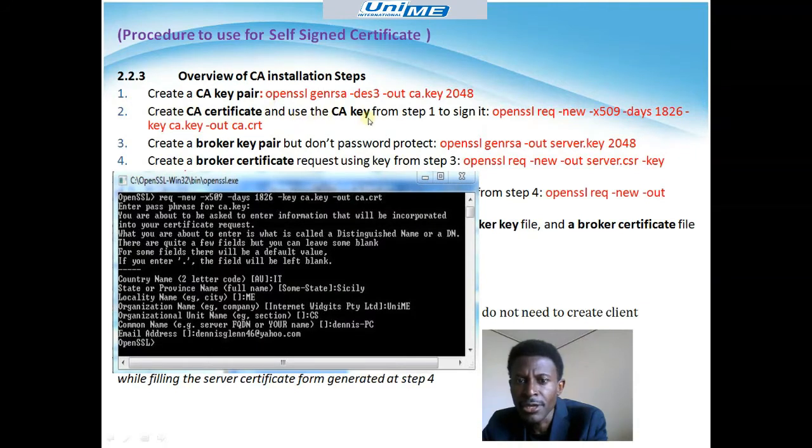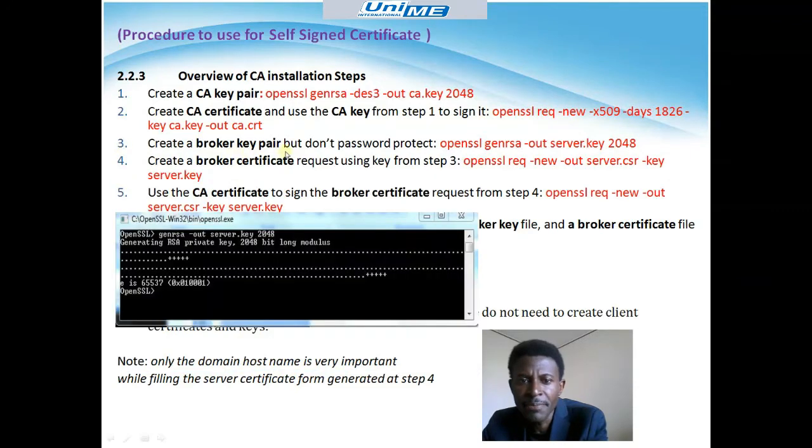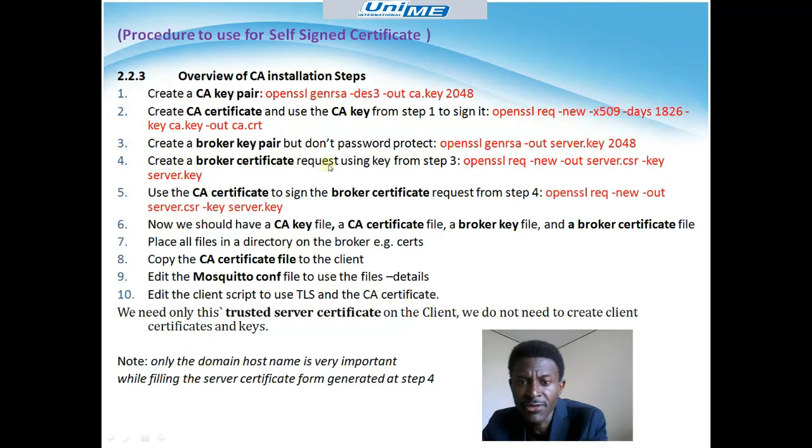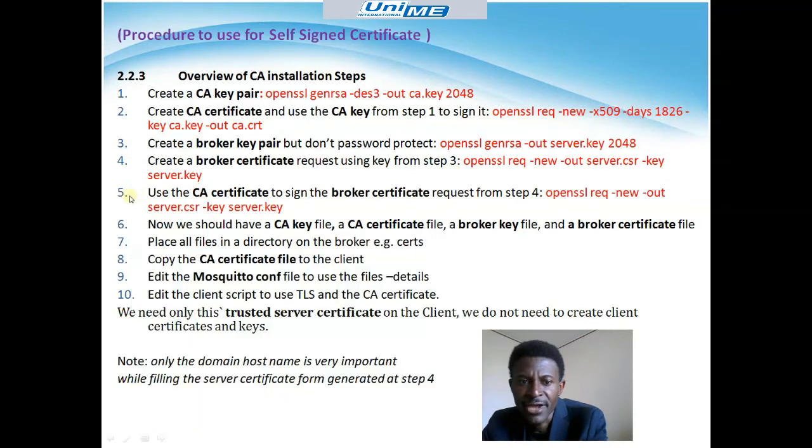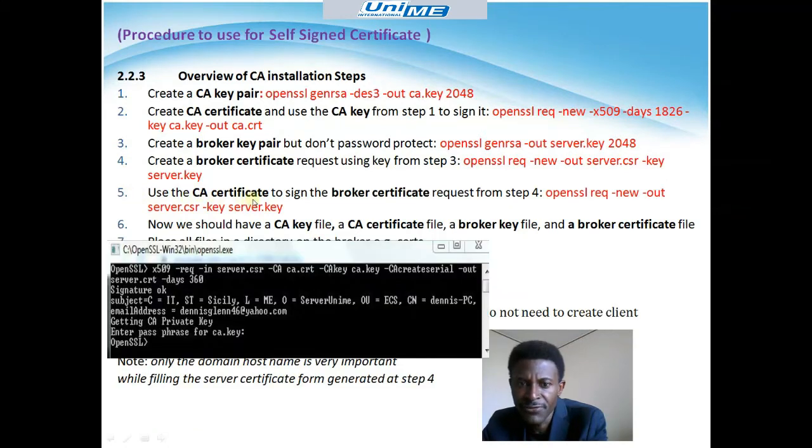Create the CA certificate and use the CA key from step 1. Step 3. Create a broker key pair, but don't necessarily protect it. This is the command. Step 4. Create a broker certificate request using the key from step 3. Step 5. Use the CA certificate to sign the broker certificate request from step 4.